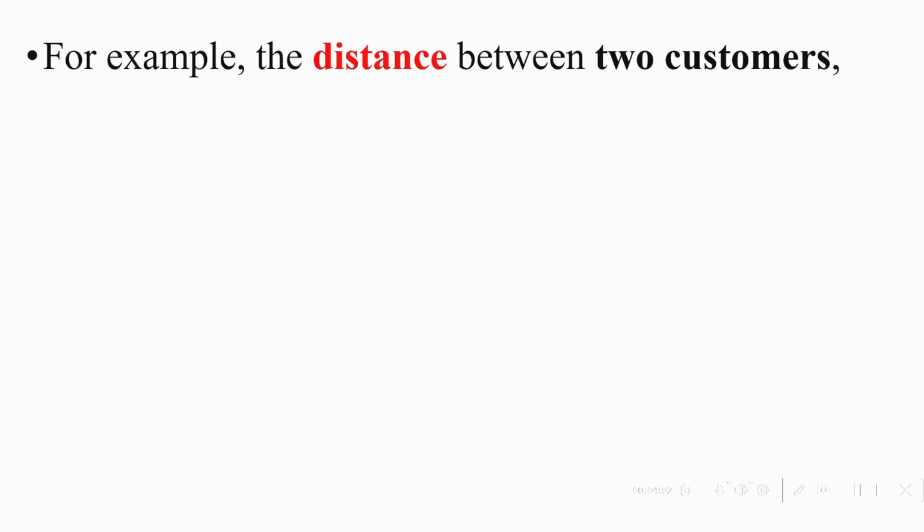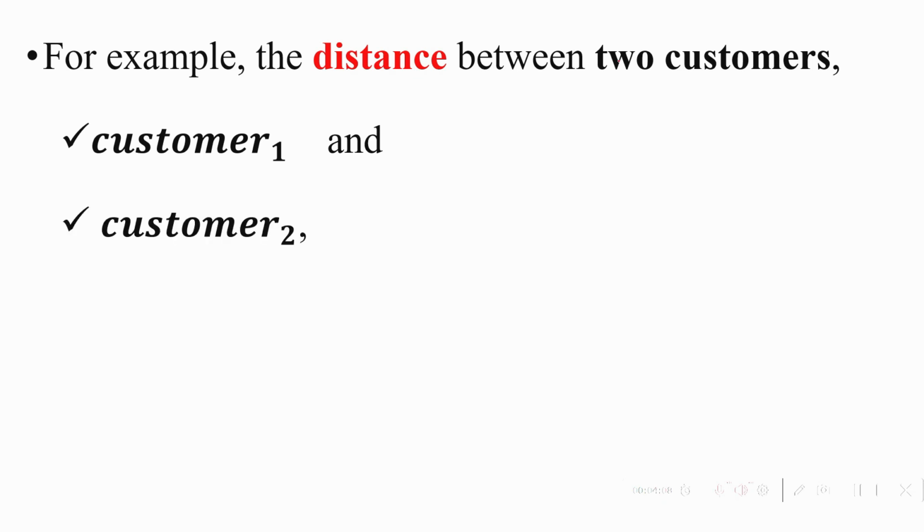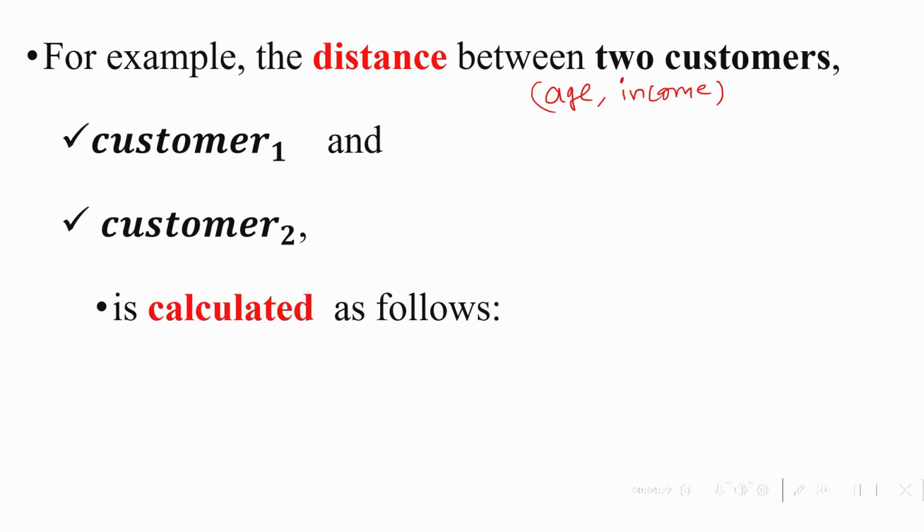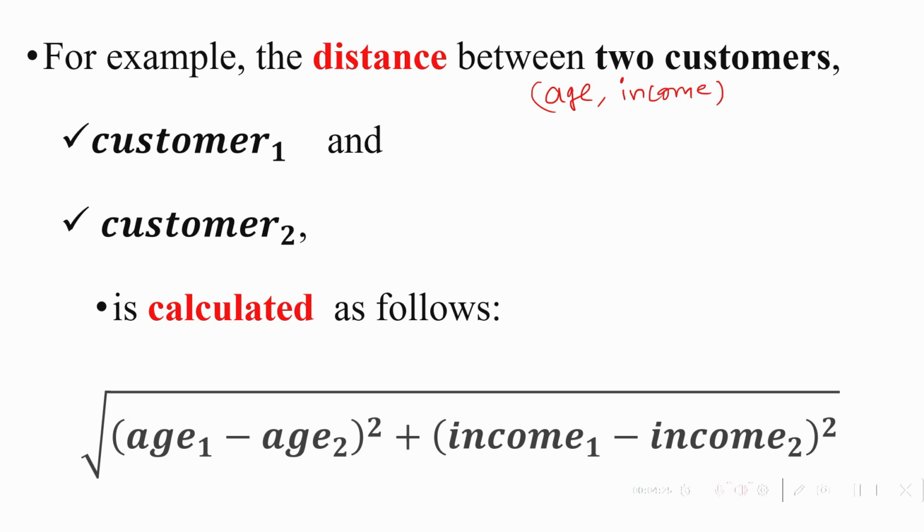Now, for example, the distance between two customers. Here customer 1 and customer 2 each have two features: age and income. Now we are going to find the distance between the two customers. Customer 1 has age 1 and income 1, which are the features of the first customer, and the second customer has age 2 and income 2.